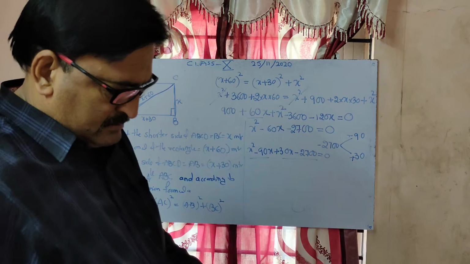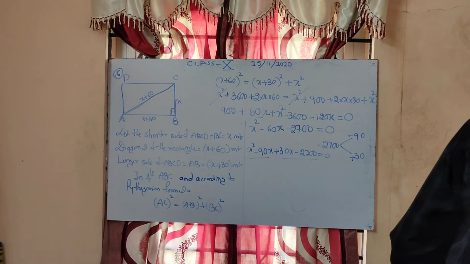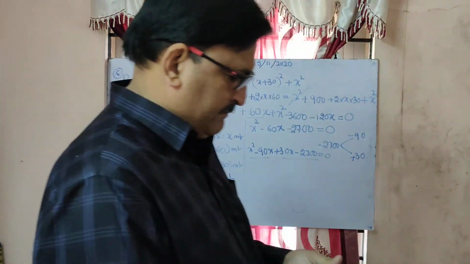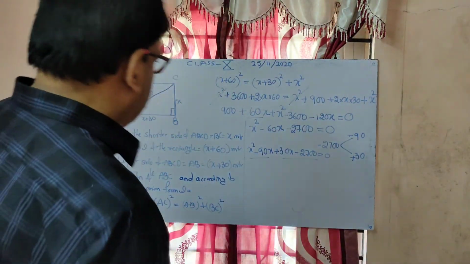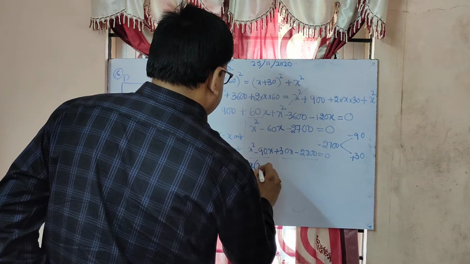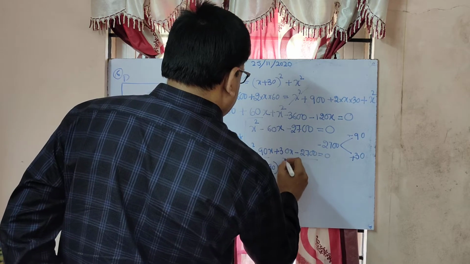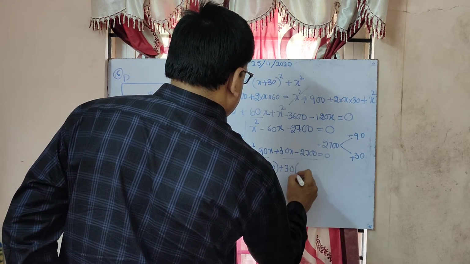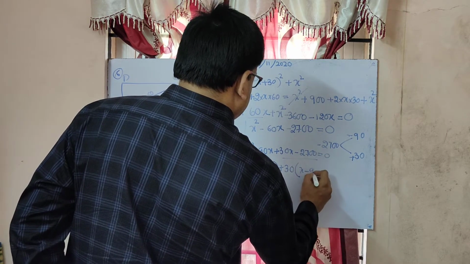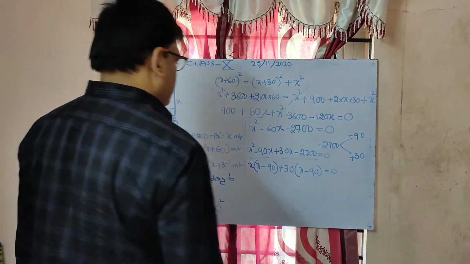Take common. So x is common here. x minus 90 plus 30 is common here. x minus 90 is equal to 0.